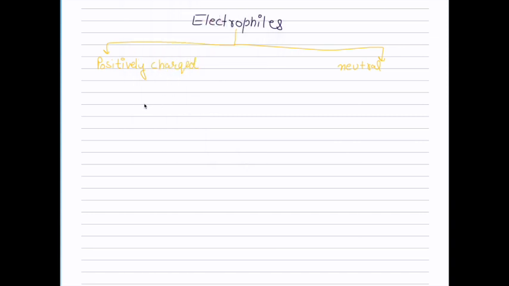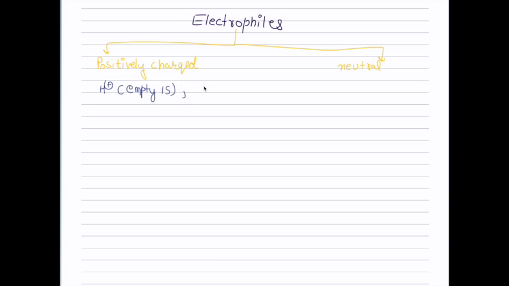The best positively charged electrophile is H plus. Why? Because it has an empty 1s and it will have low energy. So most of the reactions in which H plus participates as an electrophile are among the fast reactions, because it is just an acid-base reaction. The electrophile in which H plus acts as electrophile is called an acid. So H plus is a charged, positively charged electrophile.